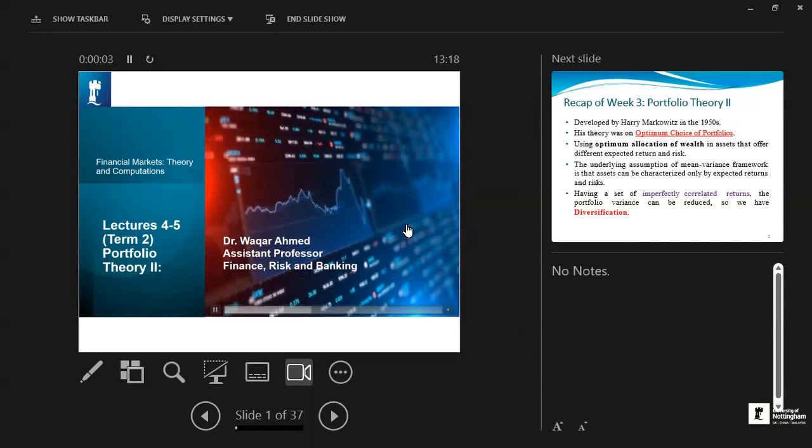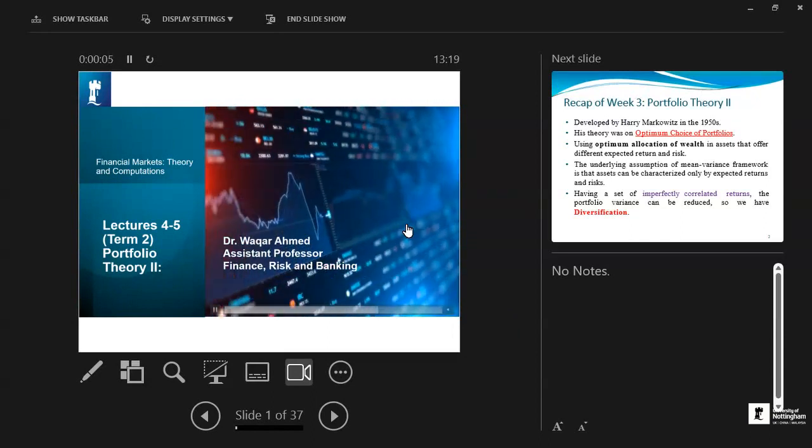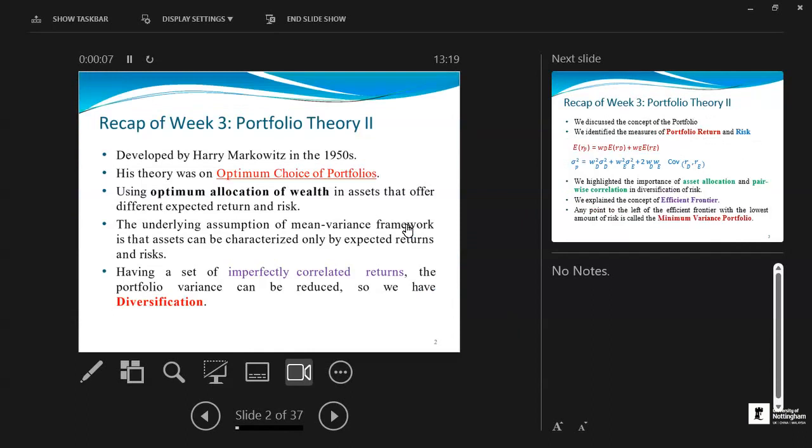So this is the last part in the portfolio theory. Just quickly summarizing what we have covered so far, because we need to build on this. We introduced portfolio theory, and we can create an optimal portfolio by combining different assets.